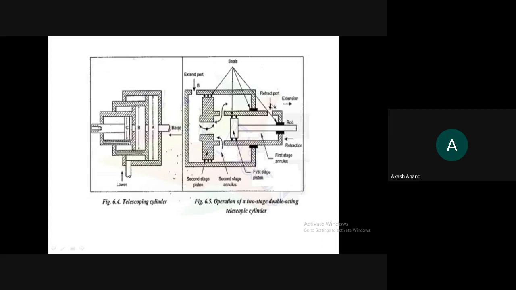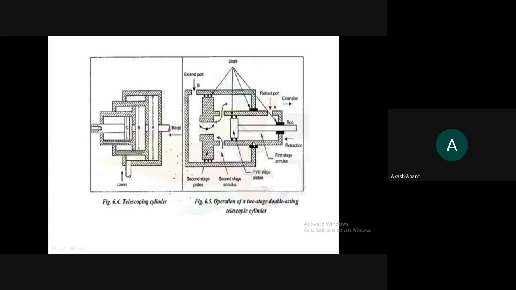And when fluid enters through port A and stops entering through port B, the retraction movement can be controlled, similar to the extension movement. I think it is clear to you. There are different magnitude or threshold values of pressure for movement of the stage 1 piston and stage 2 piston.